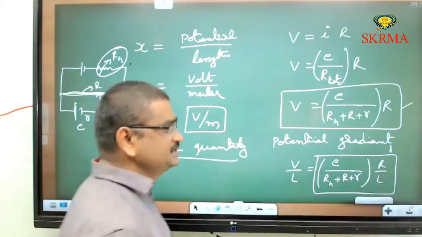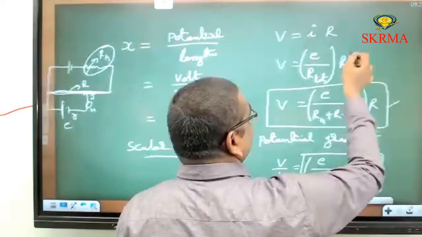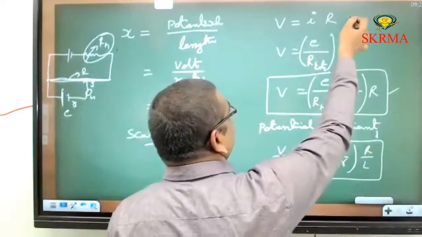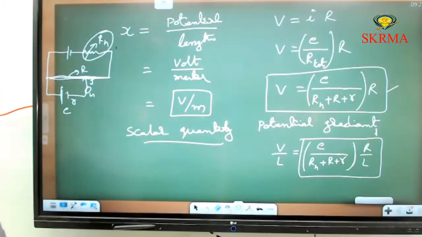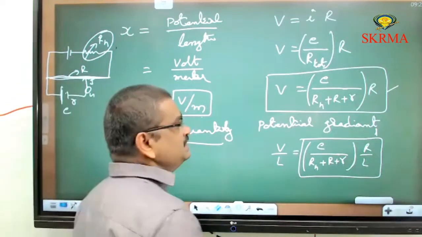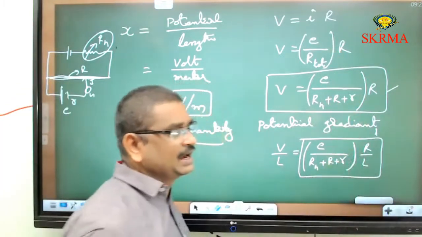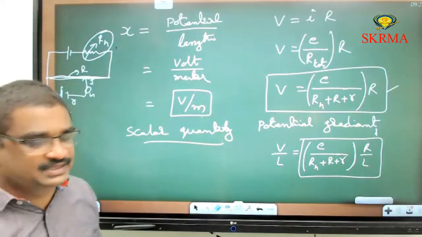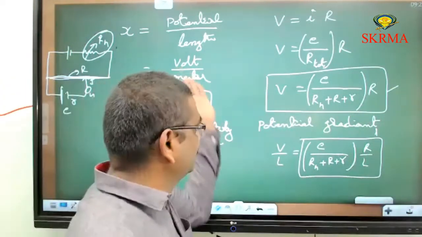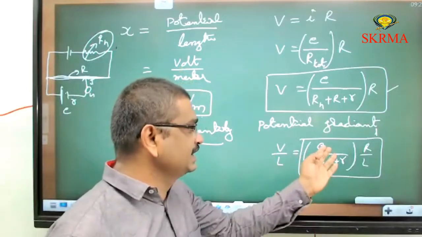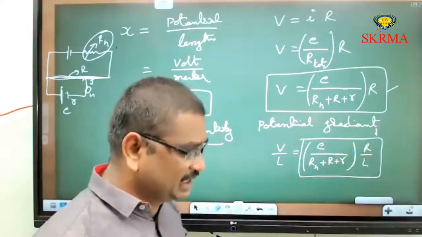Next, potential from Ohm's law is V equal to I into R. I can be written as EMF E by total resistance, RH plus R is the total resistance. Next, substitute this in the equation. Then you will get potential gradient as E by (RH plus R) into R by L.